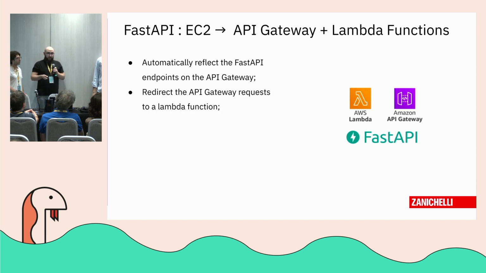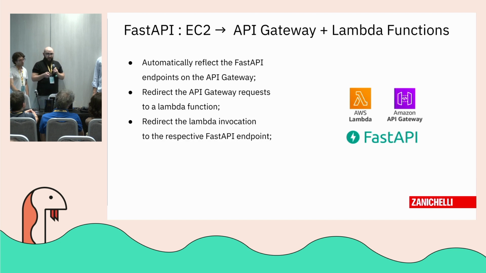So we want to redirect all of the API gateway calls into the Lambda functions. And then we want the Lambda function to be able to call the right FastAPI endpoint. And we want all of this without having to refactor the FastAPI code.